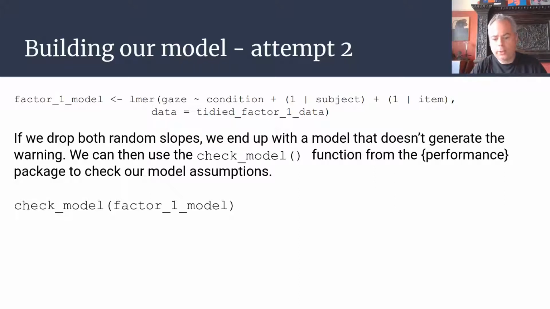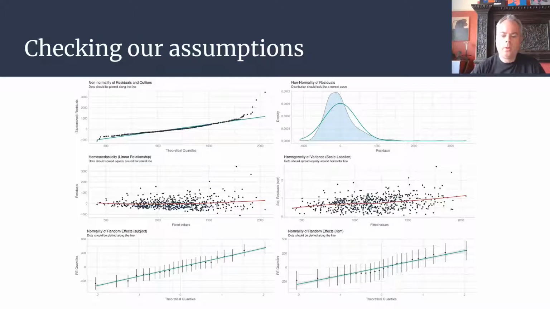So one thing we should do is check our model assumptions. And we can do that using the performance package and the function check_model from that package. What that will do is give us a number of diagnostic plots, very similar to the assumptions in the context of the linear model, and it'll allow us to quickly tell whether or not our mixed model seems to be consistent with the assumptions behind mixed models.